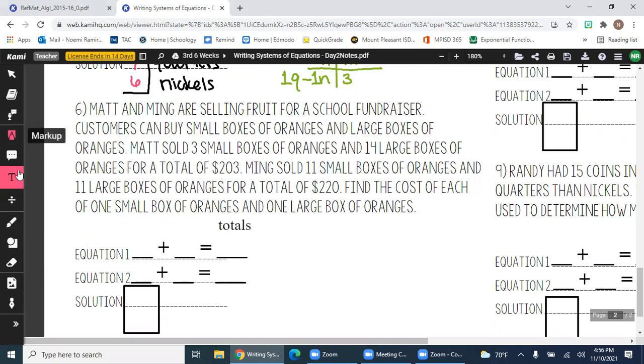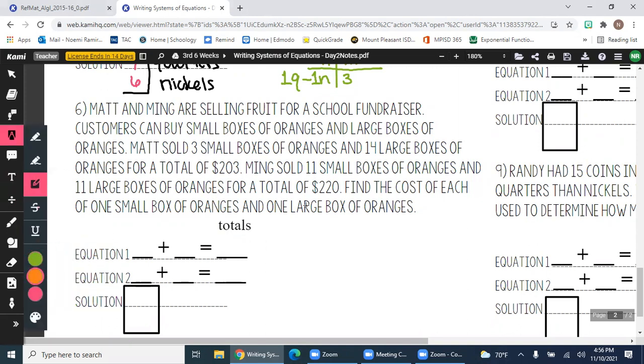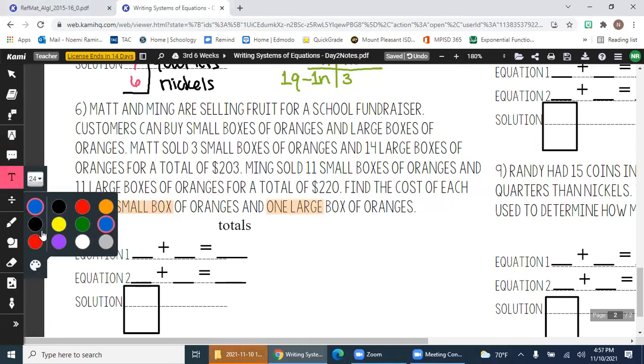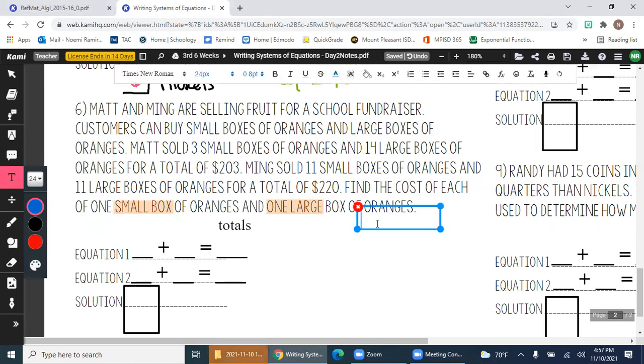Let's find our variables. So our variables here are going to be find the cost of each box, one small and one large. So my variables, I'm just going to use M for small, M for small just does not sit right with me, but we're going to do it anyway. Small, L for large box.